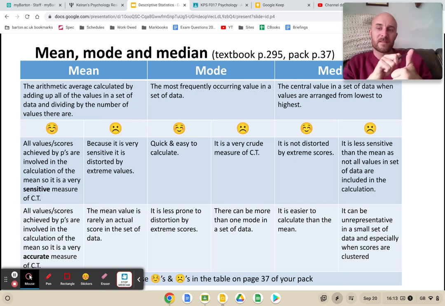So what we mean by sensitive is, to an extent, how much does it take all the values into account? But also, how likely is that measure affected by outlier or extreme results? For example, I want you to imagine I find out the averages of all your groups and the heights that they have, right?